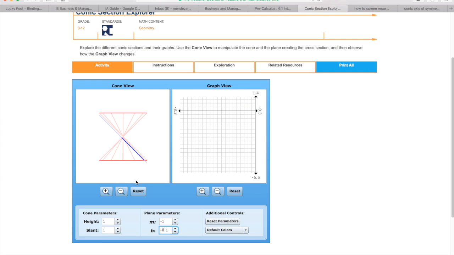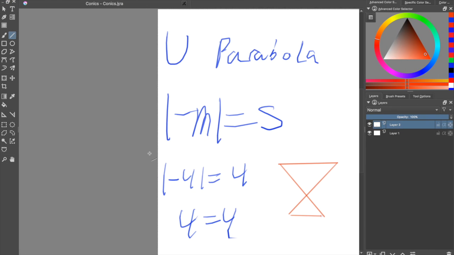And just like the hyperbola, we eventually get the slope of a line. Yeah, like that.